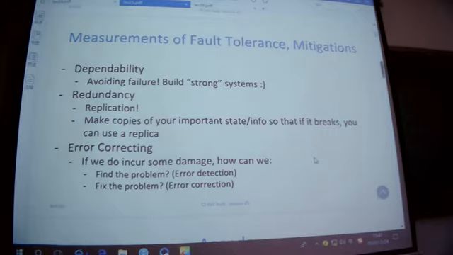We can make copies of your important state or information so that if it breaks, you can use a replica. So replication is very useful. Error correcting: if we do incur some damage, how can we find the problem and fix it? So sometimes we want to duplicate or have redundancy.